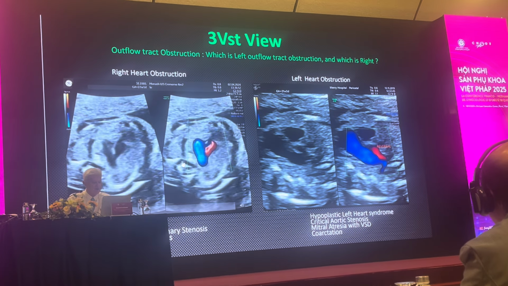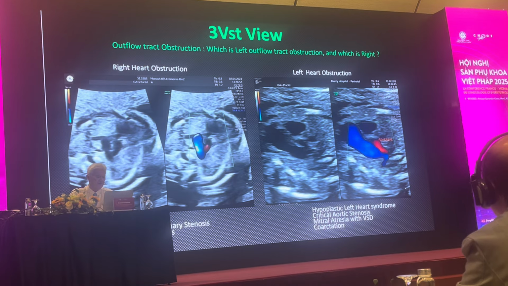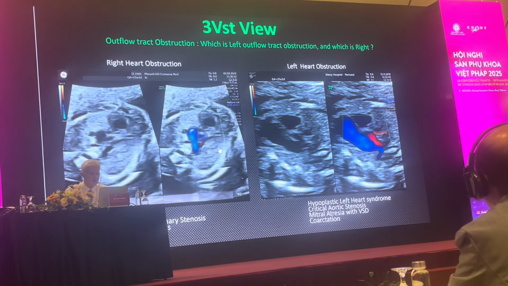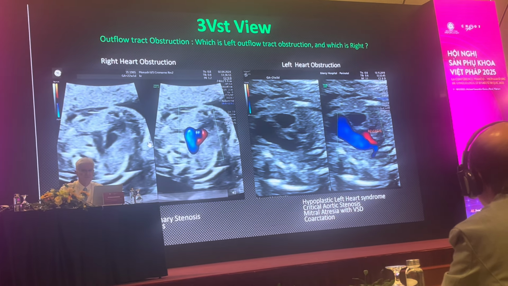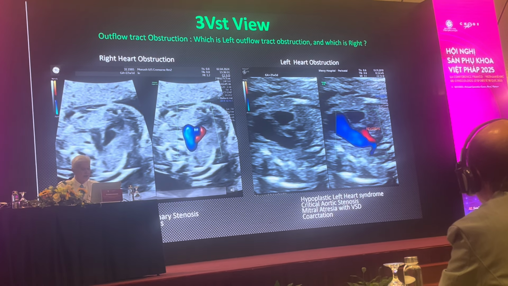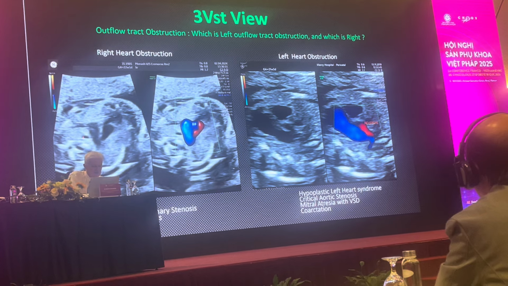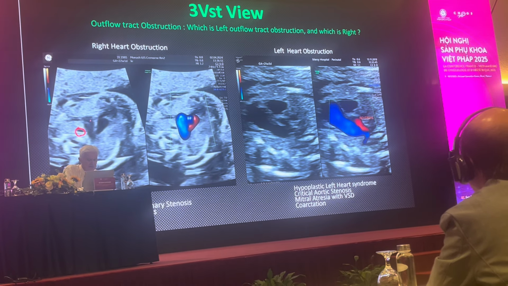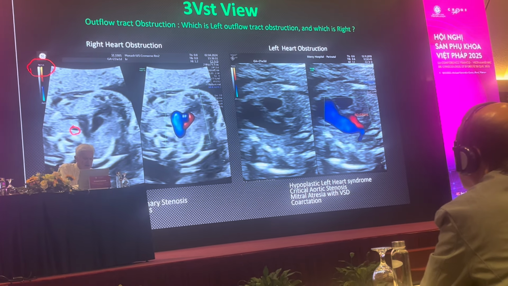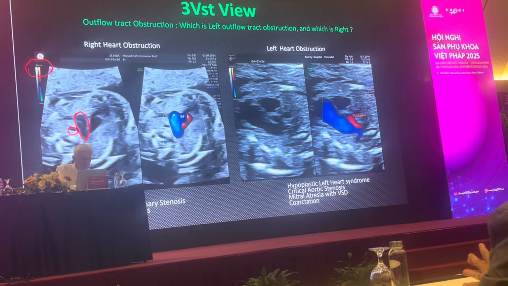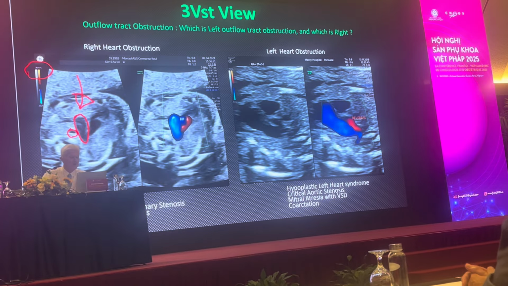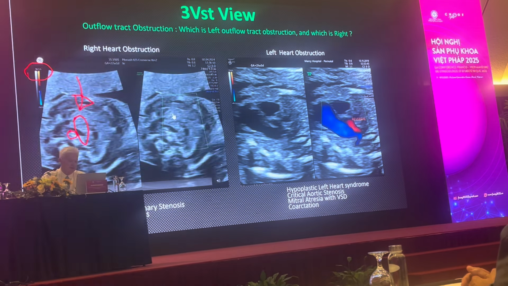Now I ask you a question. Does this baby have left heart obstruction or right heart obstruction? You are all now experts. You know exactly what this baby has. Because you know that that's the trachea, and you know that this is red and this is blue, which tells you that there is normal forward flow in the aorta.